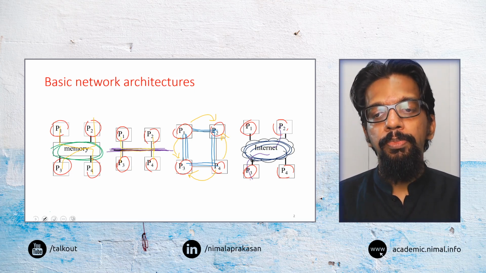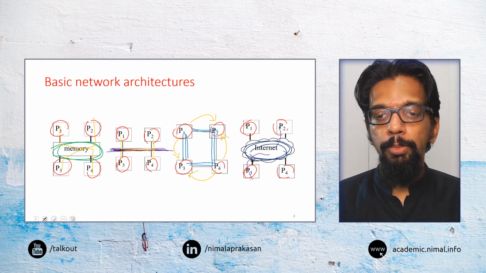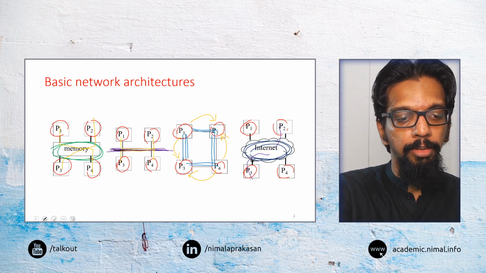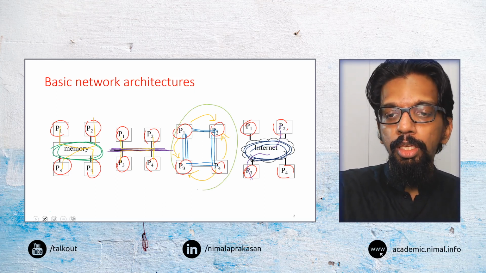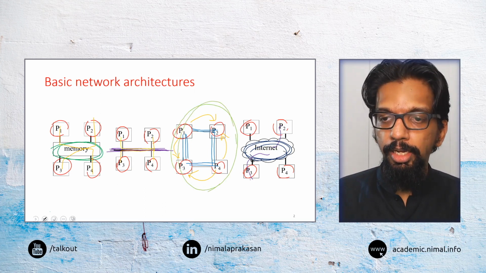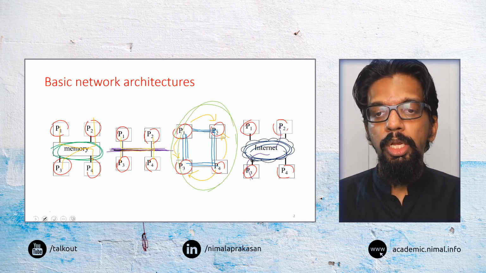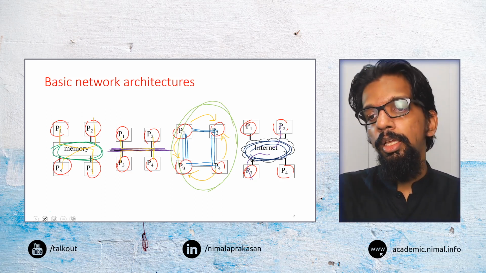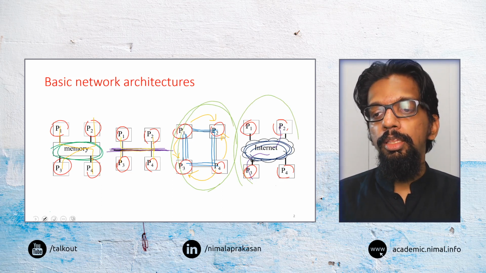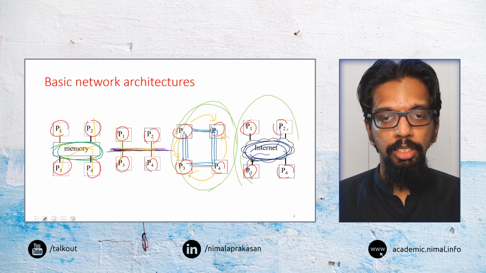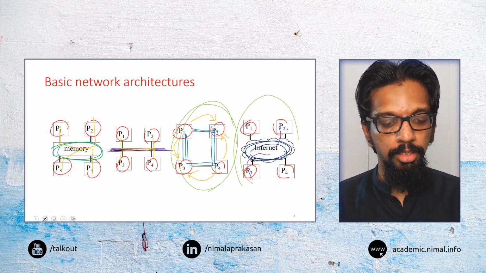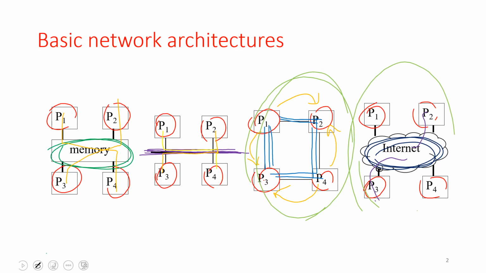Here in the previous case, things were connected directly to one another, whereas here things are not directly connected, but are connected through a common network, for example the internet.